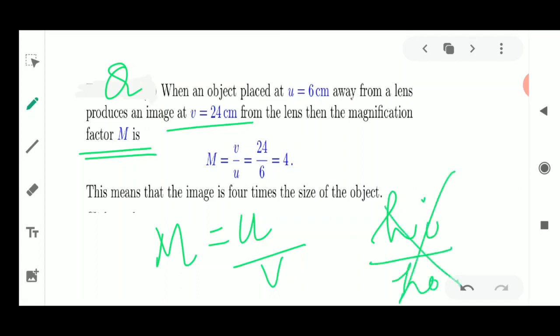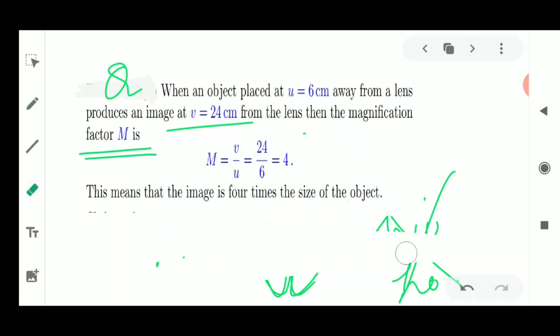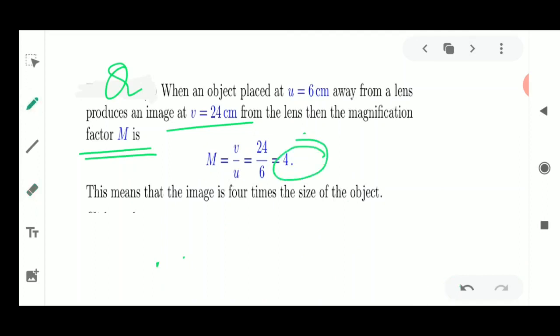Here we will use only v and u, since we have those values. So m is equal to v by u, image distance upon object distance. v is 24 centimeters and u is 6 centimeters, so 24 divided by 6 is equal to 4. Magnification is a ratio, so we do not write any unit with it.